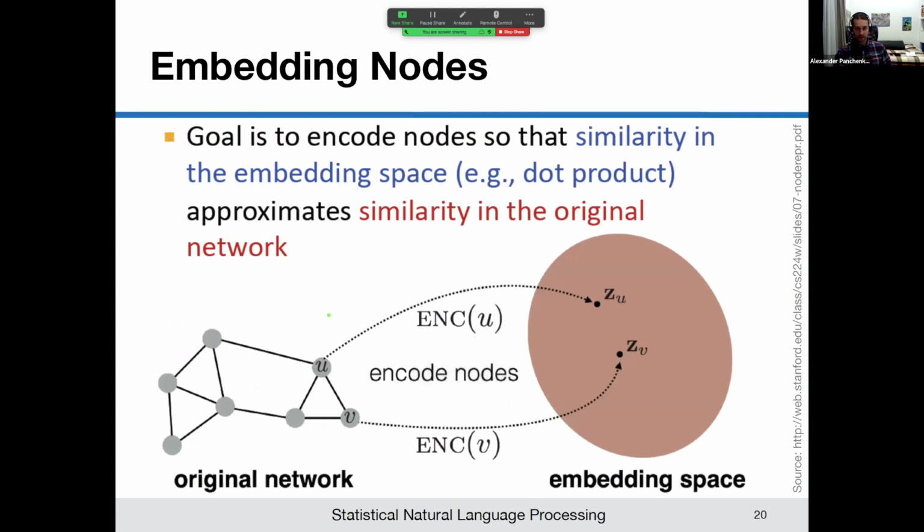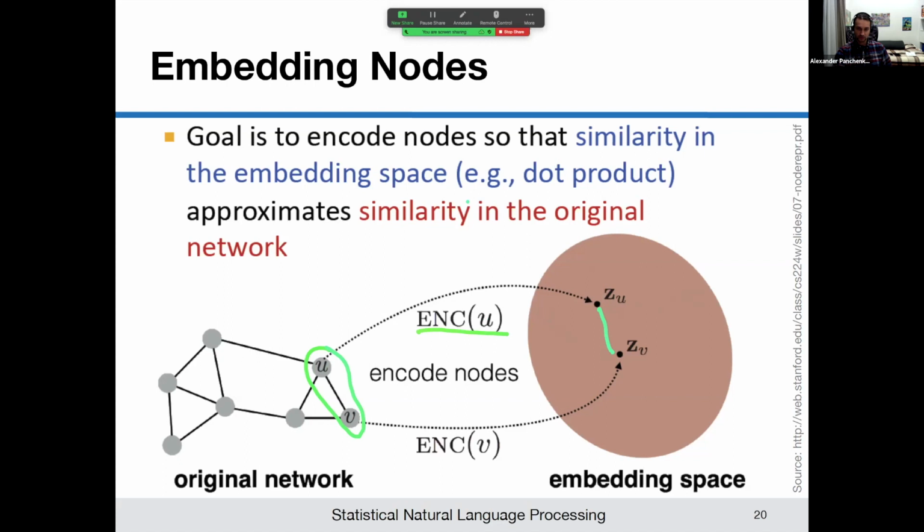Okay, so given this task, the main challenge will be to learn such an encoder for the nodes, which will, as I mentioned earlier, not only give you some vector representations, but also preserve the fact that in the original graph, two different nodes were close.